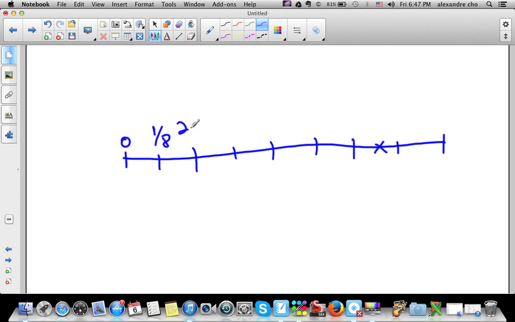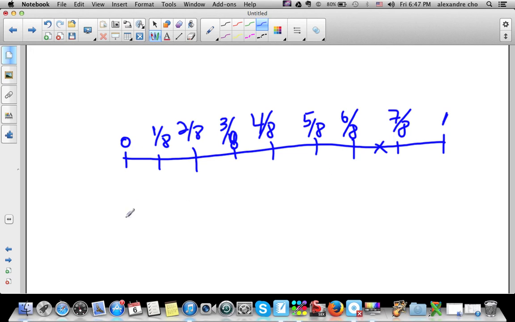That's 0. 2/8, 3/8, 4/8, and let me change that to an 8. 5/8, 6/8, 7/8. So our X is between 6/8 and 7/8. Again, not precise enough.